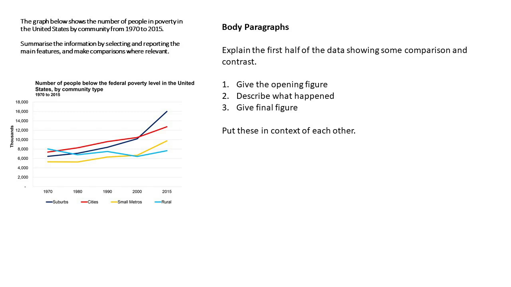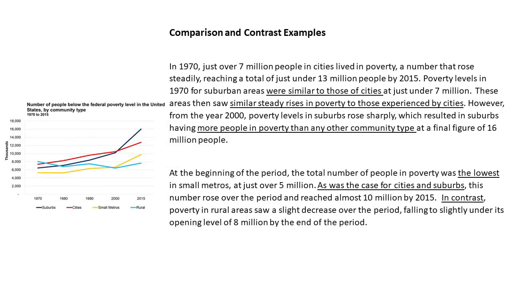So that means I need to present the data in context of the data around it. And let's look now at all the times I did that. In 1970, just over 7 million people in cities lived in poverty, a number that rose steadily, reaching a total of just under 13 million people by 2015. Now, of course, here I'm presenting new information. I can't give comparison yet.